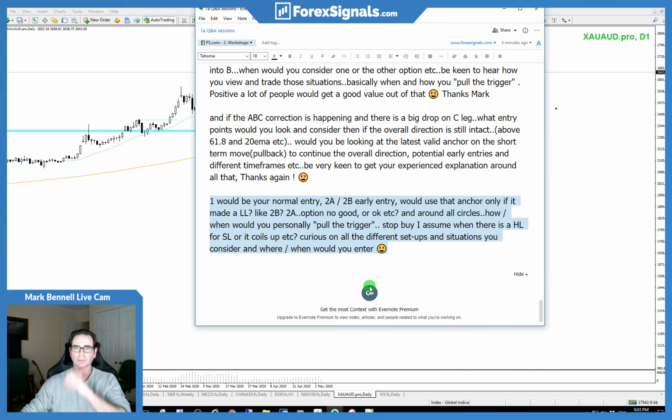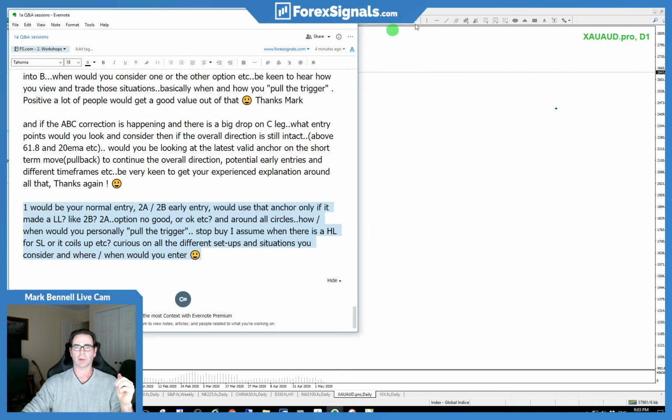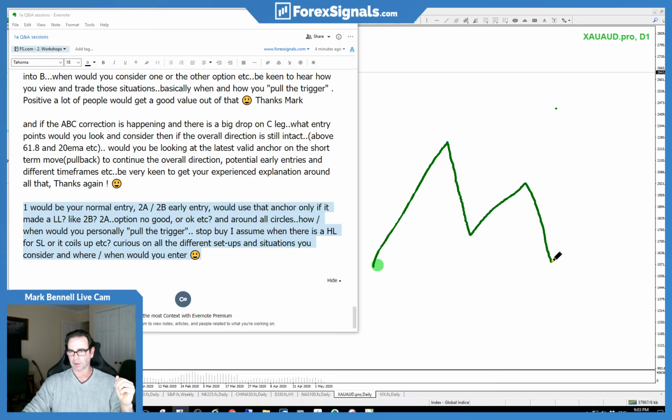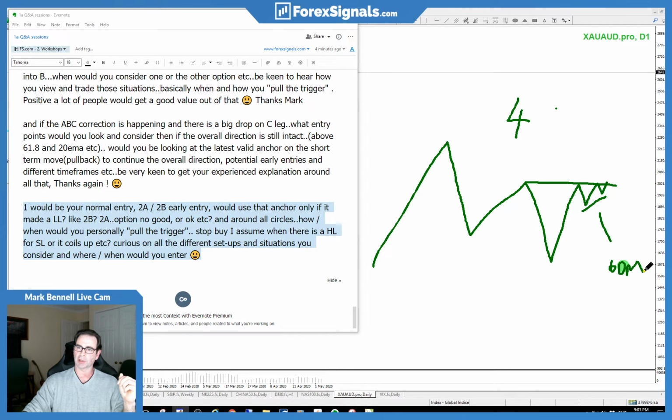So let's have a look at another question. So in that example, sorry, okay, let me stop jumping around. So in this example, where we get the pause, so this will be our 4-hour chart, say, with this structure here, most visible on a 60-minute.